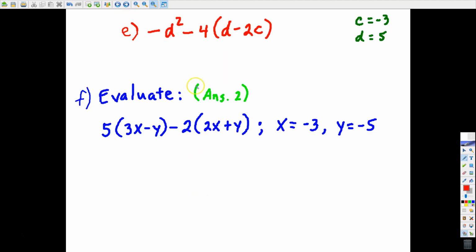Okay, letter E. I'm replacing D with 5. Notice how I took literally in place of D, I put 5 in parentheses, and the minus is outside. The square is also outside. Okay, D is 5 minus 2 times negative 3.